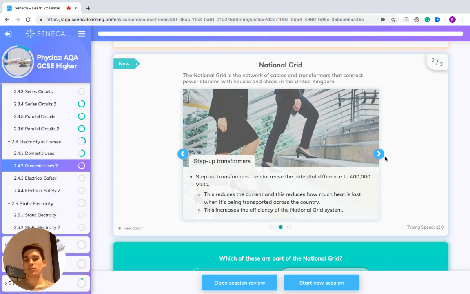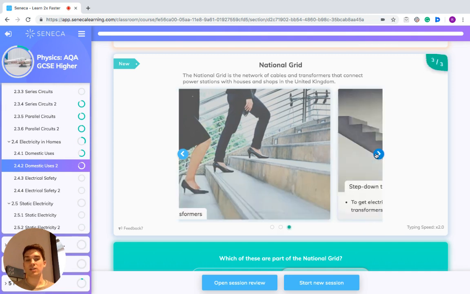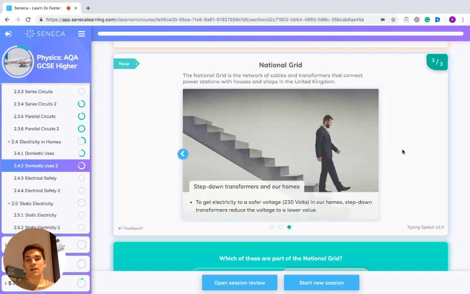And this also increases the efficiency of the national grid system. And then you get something called a step-down transformer that makes electricity usable in our homes. So to get electricity to a safer voltage of about 230 volts in our homes, step-down transformers reduce the voltage to a lower value.